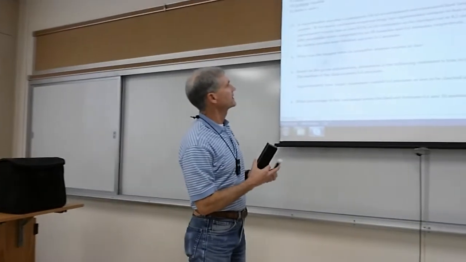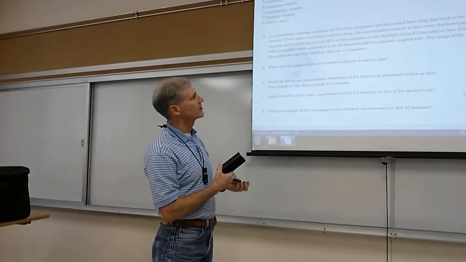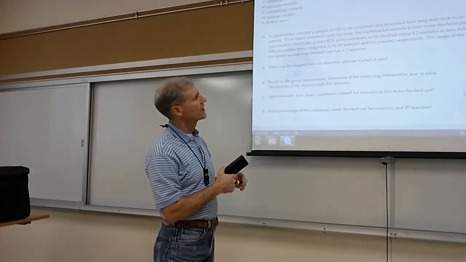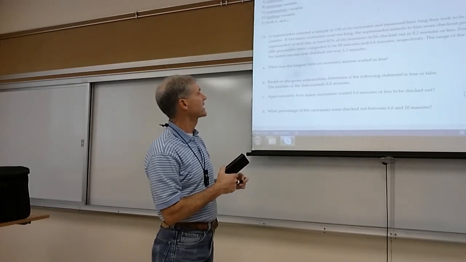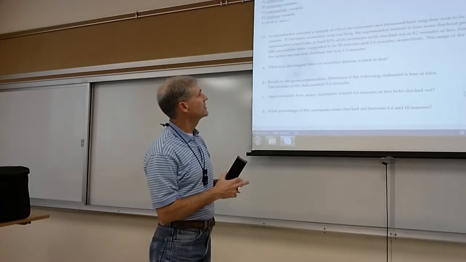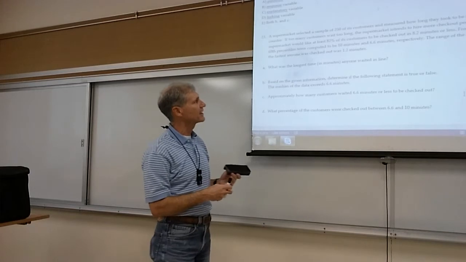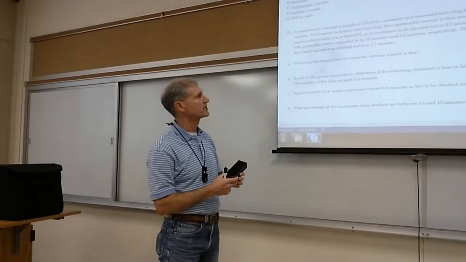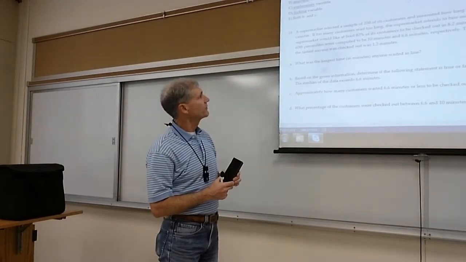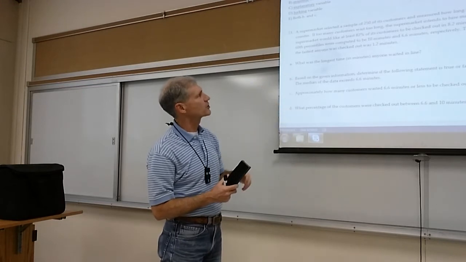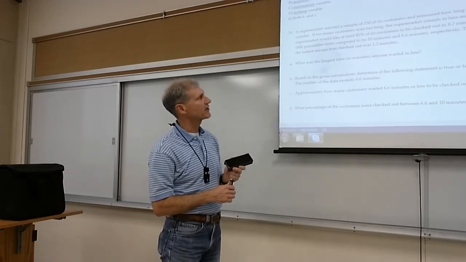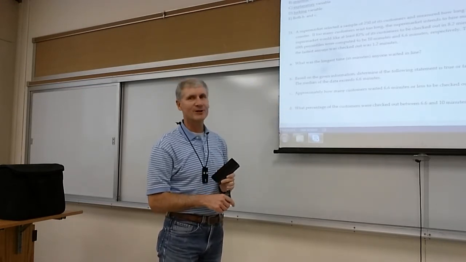So 23 says the supermarket selected a sample of 250 customers, measured how long it took them to be served at the checkout counter. If too many customers wait too long, they intend to hire more checkout personnel. So they would like at least 82% of customers to be checked out in 8.2 minutes or less.